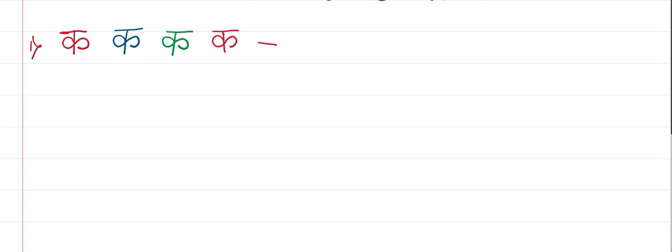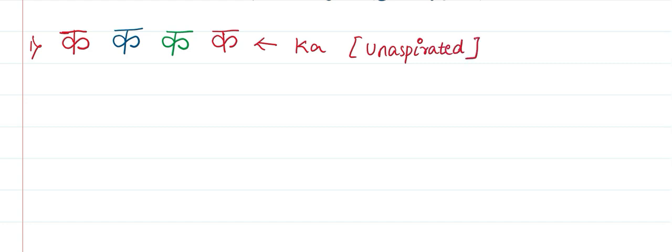The sound of this consonant is k, k. I'll say this is unaspirated. In the whole Hindi consonant set, we have pairs of unaspirated and aspirated sounds. We're gonna learn what is aspirated.